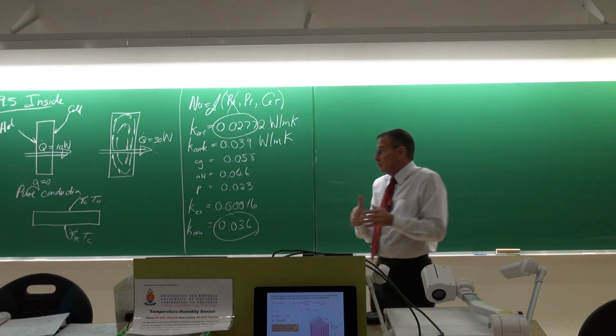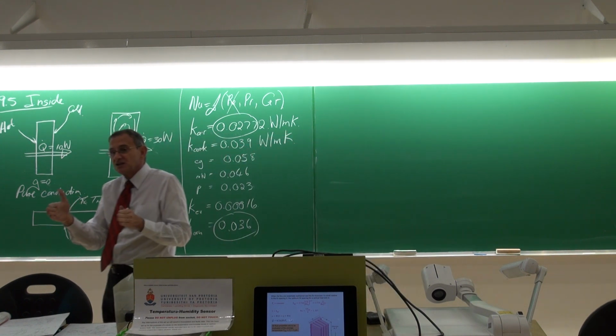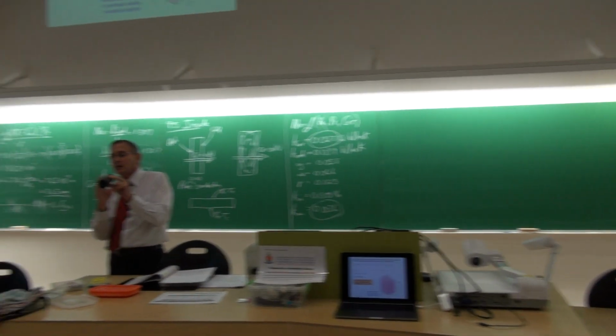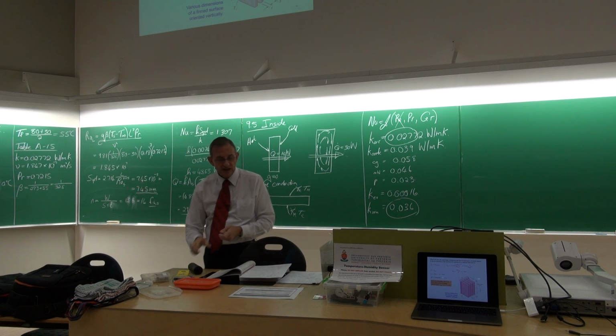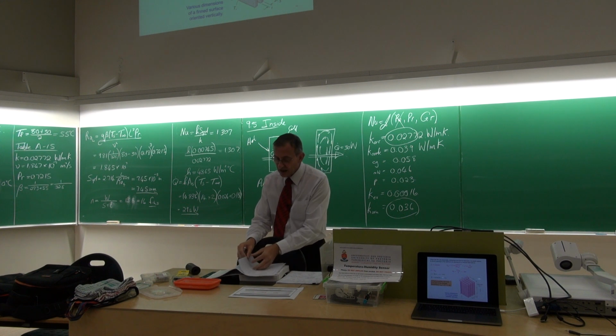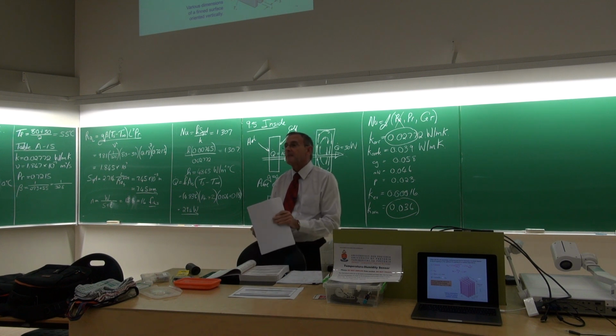So that's why we use the insulation material. Okay? And with the insulation material, the thickness of the insulation is so thick that this side of the insulation material is about the same as that of the room temperature. And then you do not have any more really heat transfer to the air. Okay. So do not underestimate air as an insulation material.